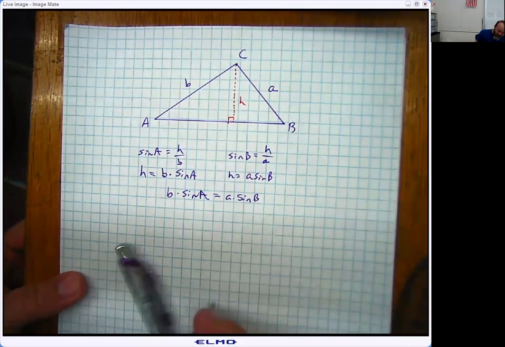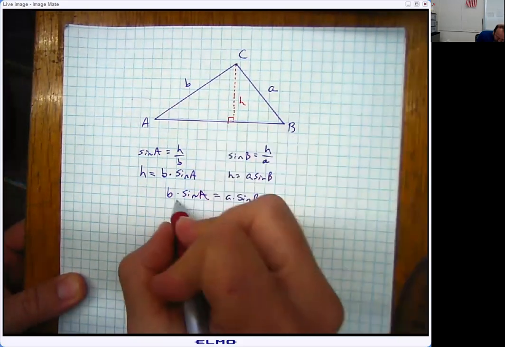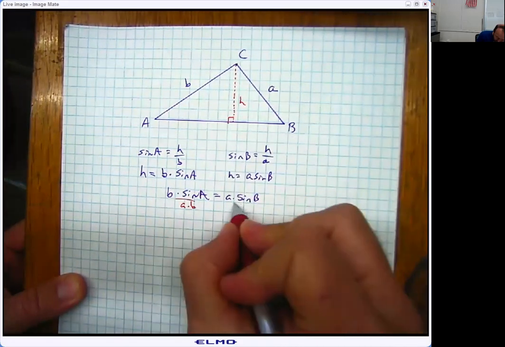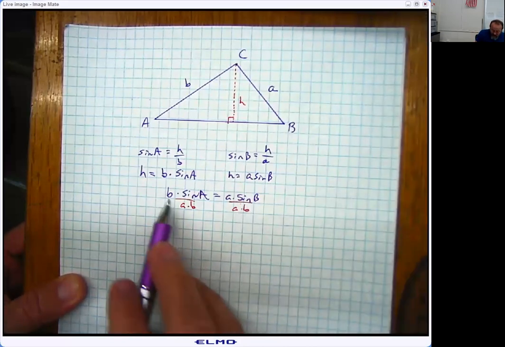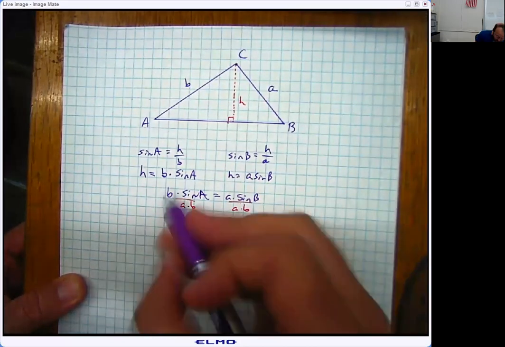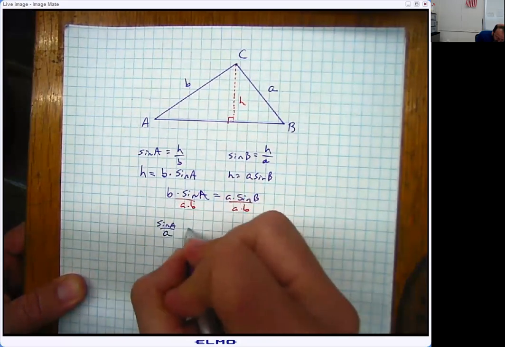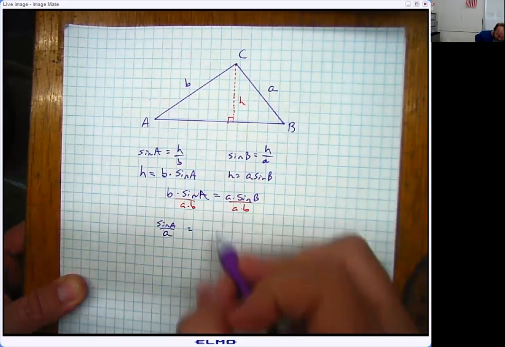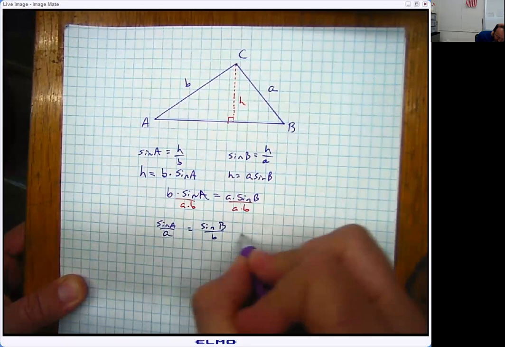You just kind of have to know where you're going, what you're trying to prove. But I'm going to go ahead and divide both of these sides by a and b at the same time. It's just kind of because I know what I'm doing here. But those two b's are going to cancel, and I'm left with what we call the law of sines, which is the sine of A divided by little a is equal to the sine of B divided by little b.